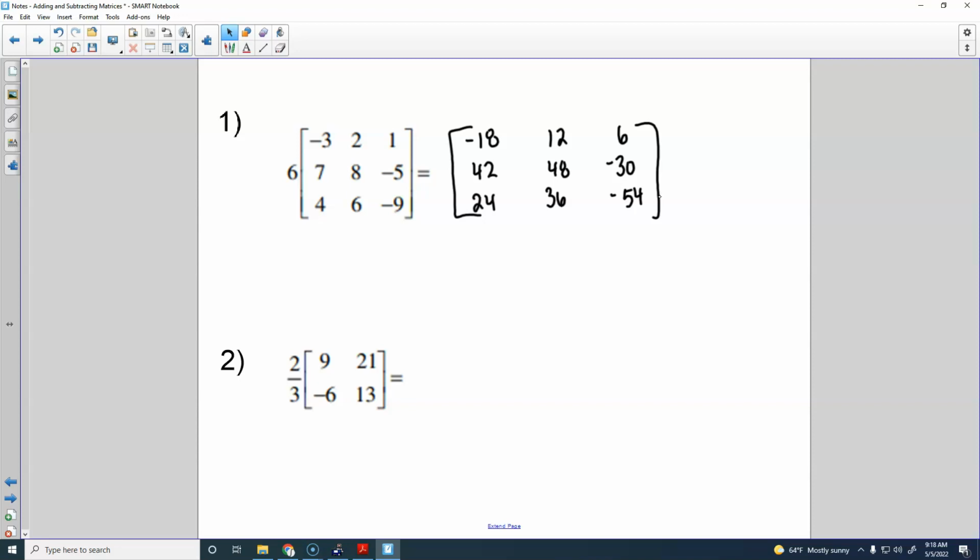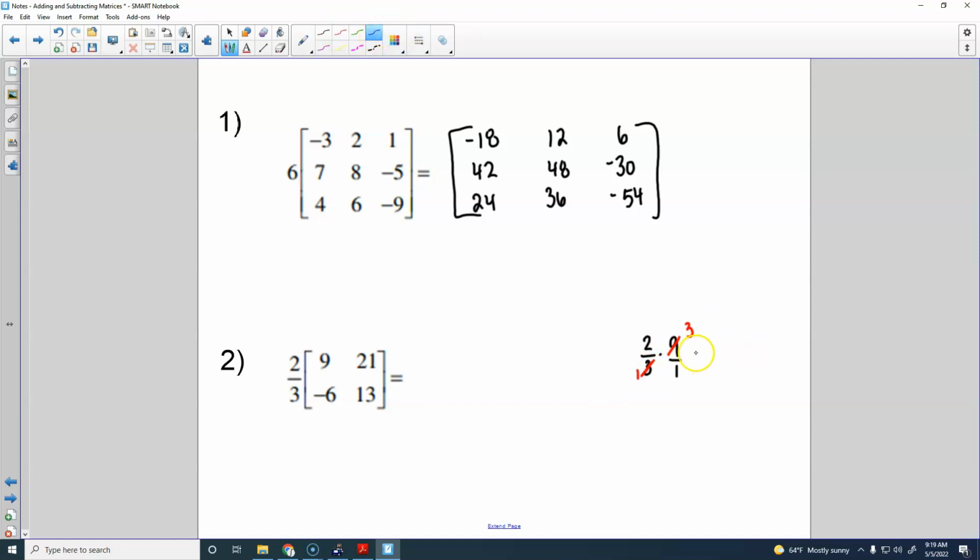We've got 2/3 times this matrix here. So remember, some of this I am going to give you without a calculator, so let's practice our fractions here. Okay, 2/3 times 9, we put that 9 over 1. I like to reduce before I multiply, so the 3 and the 9 can both reduce. This will be a 3 and this will be a 1.